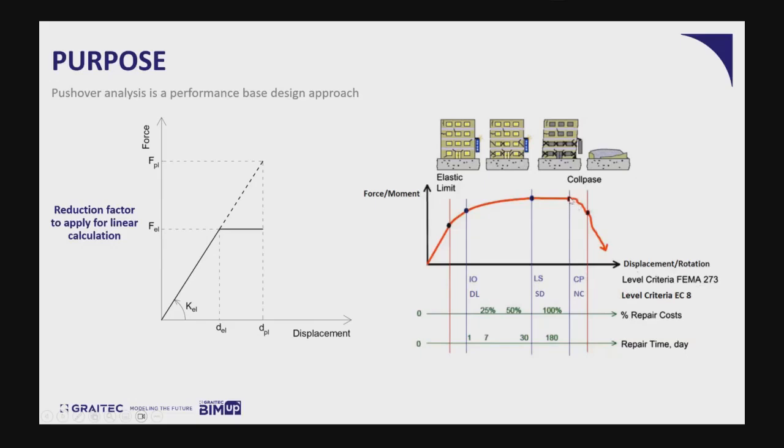In this case, we allow more plasticization in the structure. So the purpose in the performance-based design approach is that we are interested in monitoring how far the structure exhibits plastic deformation, and if this plastic deformation respects the limits placed by the codes according to the structural use and importance.